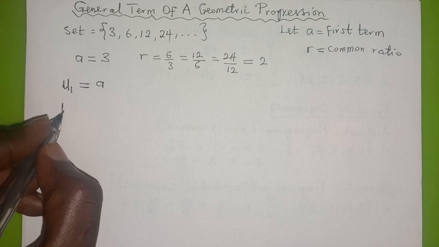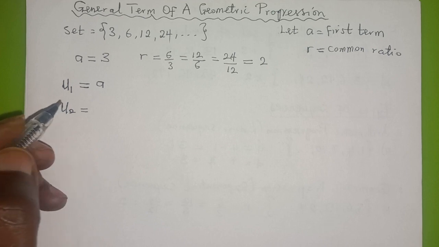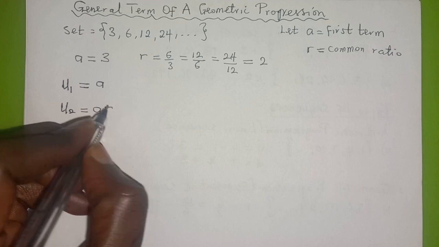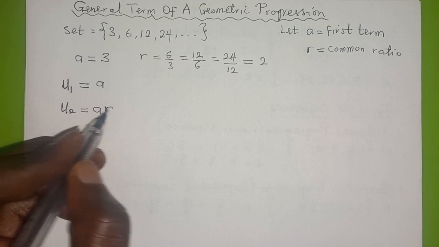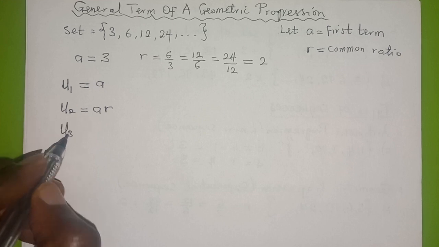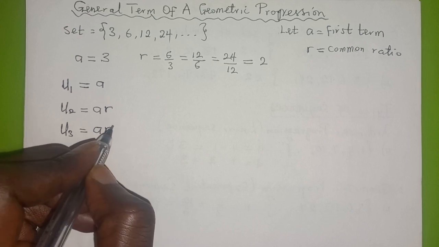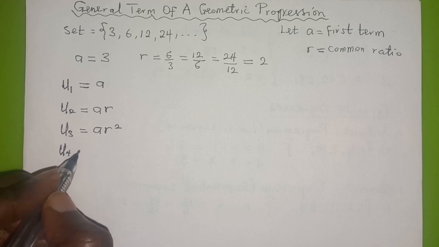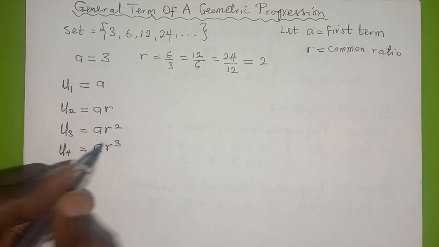Then u2 is our second term, and that is going to be a multiplied by our common ratio r, raised to the power 1, but there is no need to write that. Then u3 would be a multiplied by r raised to the power 2. Then u4 will be equal to a r raised to the power 3.